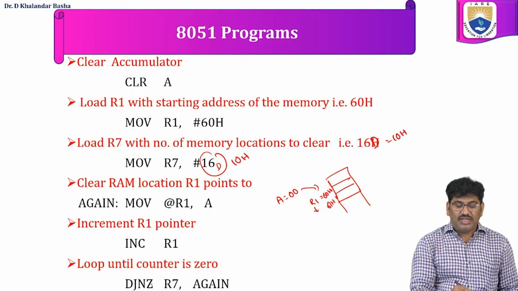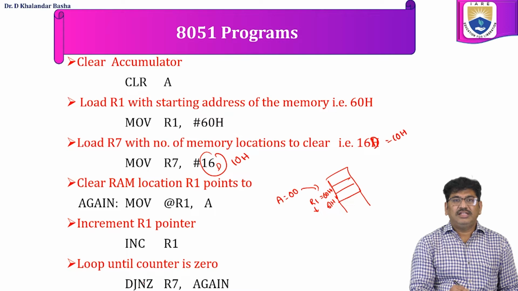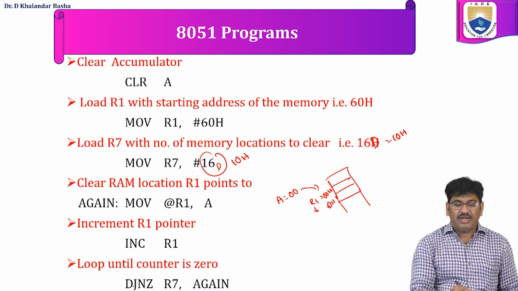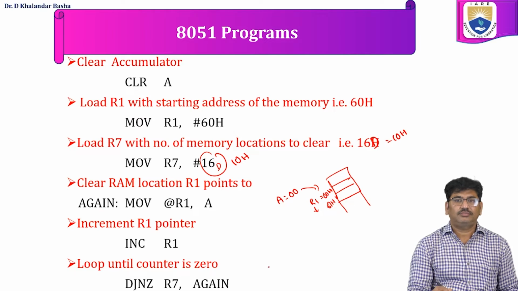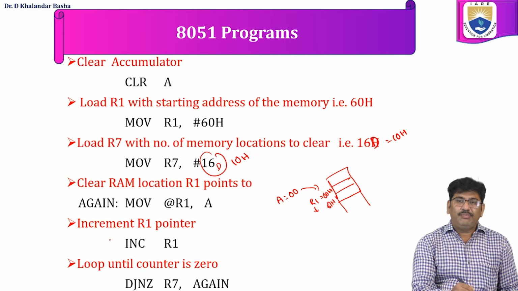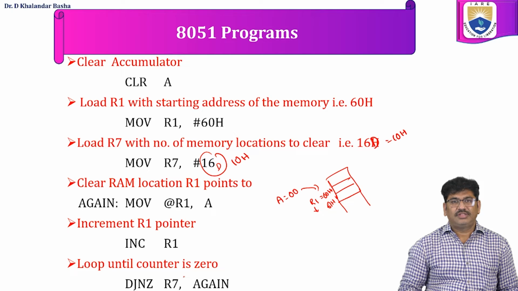So the next instruction is DJNZ, which stands for decrement the first operand, which is R7, and jump if not 0. If the R7 contents are non-zero, go to the label given as AGAIN. So this loop will be iterated 16 times.